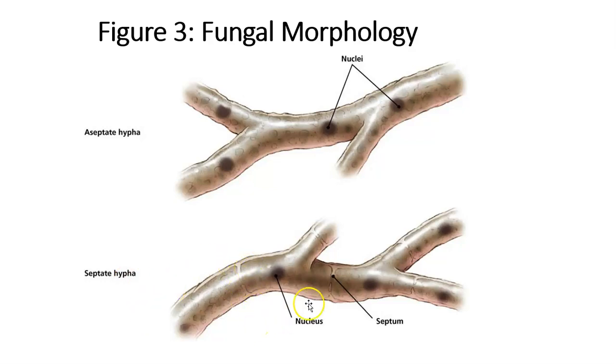Septate means they are separated, and there's a septum between these parts of the hyphae. If it doesn't have these sections, it's called aseptate. And that will put it in a particular class of organism. It'll help us figure out what this organism is because we can look and see in the stain whether it's septate or aseptate.